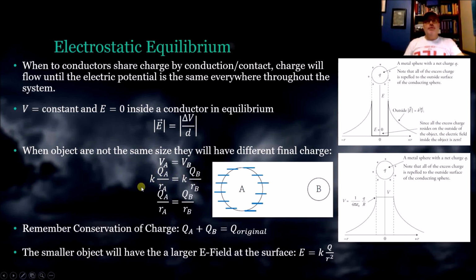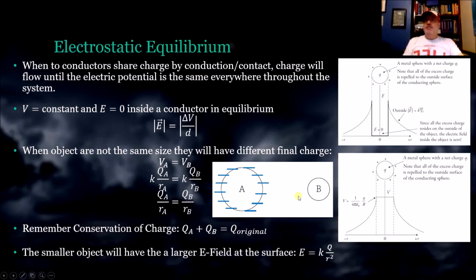The k's cancel. So we're left with the charge on A divided by its radius equals the charge on B divided by its radius. Let's say that A is twice as big as B. If it has twice the radius, it's going to have twice the charge in order to have the same potential. Now, remember one important thing, that we still have to have conservation of charge. Let's say that this one starts with 3 coulombs of negative charge, and I touch these two together.